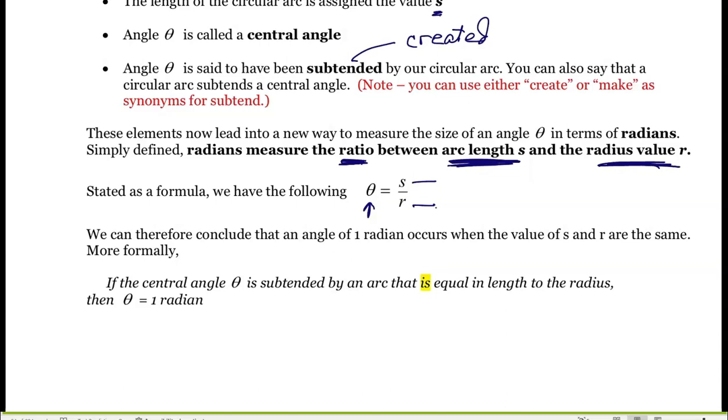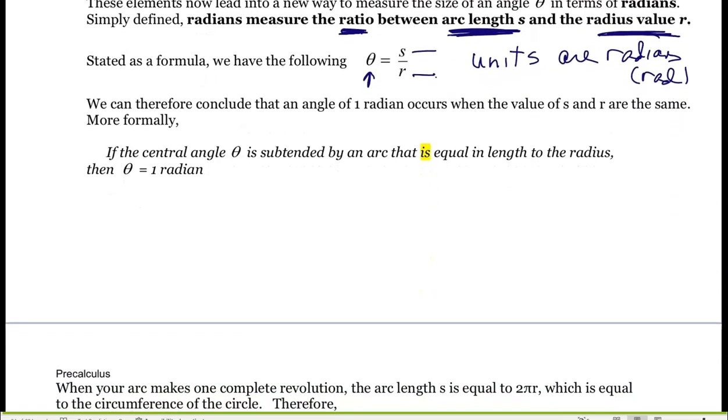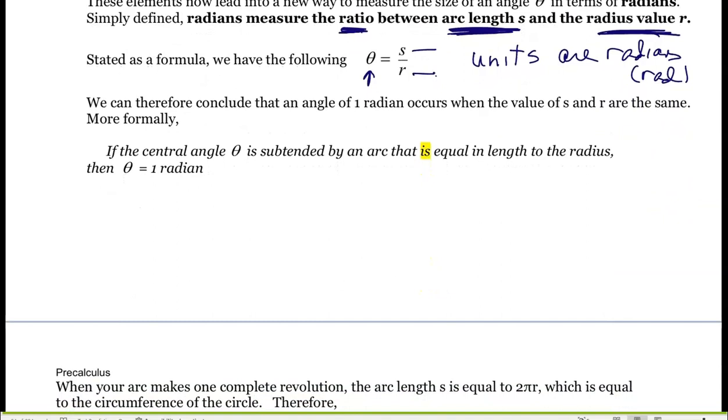Okay? So remember, your units are radians, sometimes abbreviated rad. If the central angle theta is subtended, created, by an arc that's equal in length to the radius, then theta equals 1 radian.